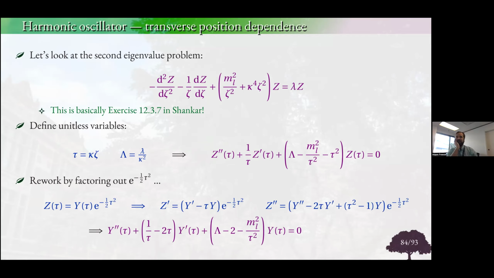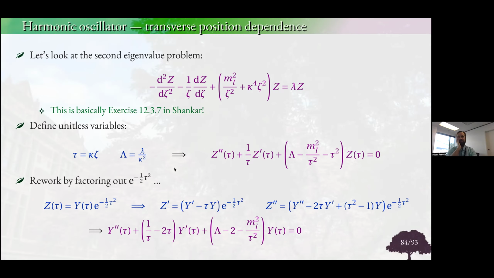The second eigenvalue problem is for this zeta, which describes the transverse coordinate dependence of your wave function. So this is actually just the 2D harmonic oscillator. It's basically, if you open up Shankar's quantum mechanics, exercise 12.3.7. So you can follow that pretty simply.